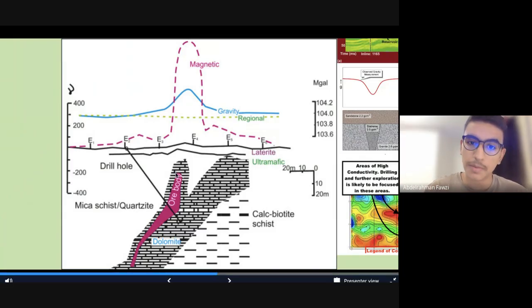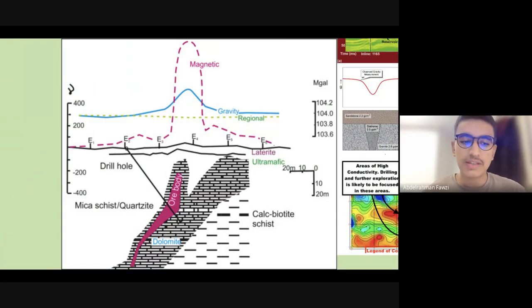For example, the ore body. The ore body is basically a formation that contains a lot of minerals. It is very tight. Its porosity is almost zero. There is no permeability, so it is a very risky rock.